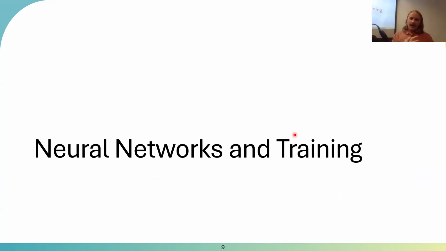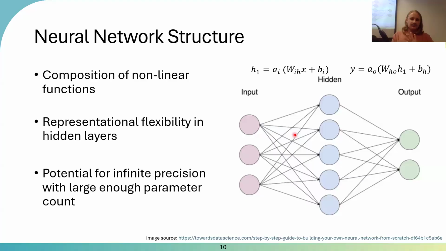machine learning approaches. But I want to focus now for the rest of this session on neural networks in particular. So we'll start with an outline of what neural networks are. I'm sure most people have some degree of exposure to them, but I'd like to go into them in a little more detail to lay the foundation for the rest of this talk. Ultimately, what makes neural networks very powerful is the fact that they're a composition of nonlinear functions.